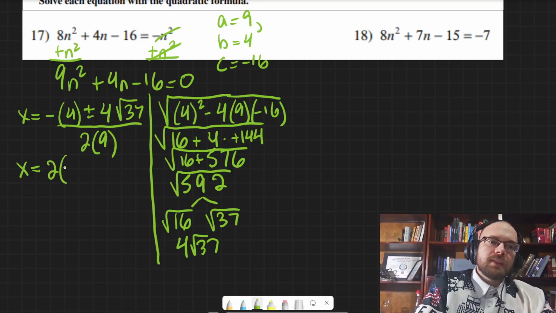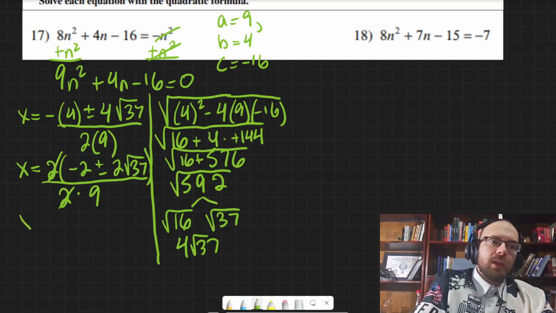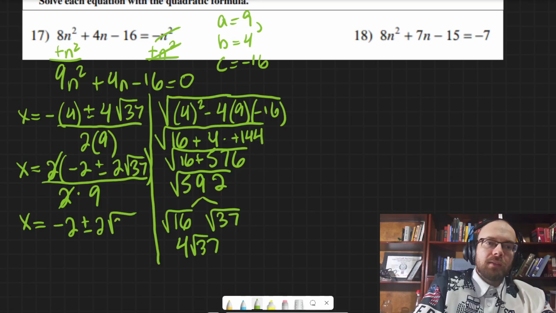And then once I factor out this 2, I would have negative 2 plus or minus 2 root 37 over 9, and then times 2. So those 2's are going to cancel. And then that's it, actually. So it really doesn't simplify more than that.